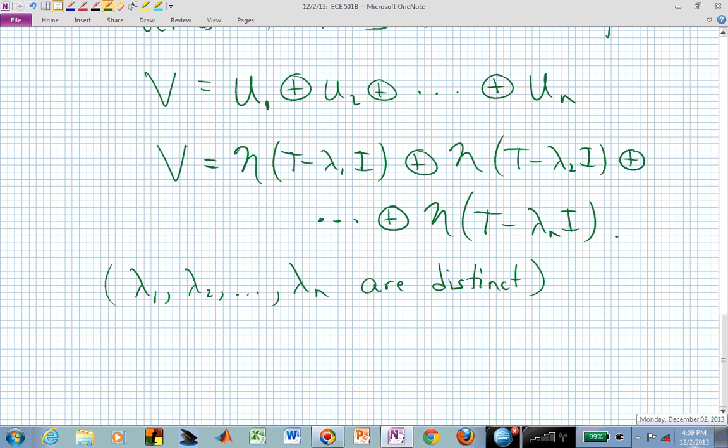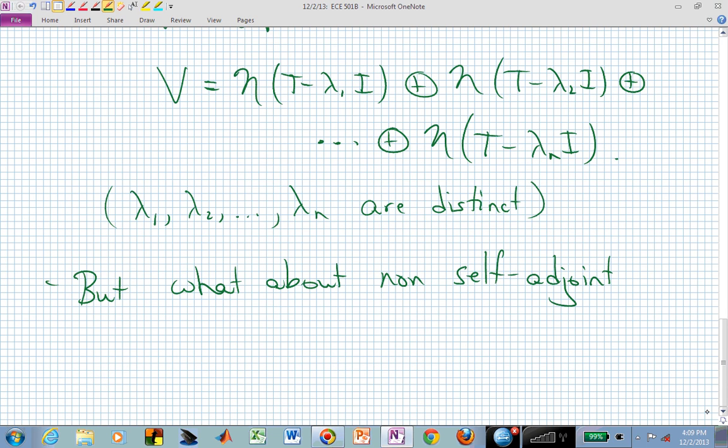Now, that's fairly specific. Most of the time we don't necessarily have distinct eigenvalues, and so what happens in that case? So let's look at that case. But what about non-self-adjoint, or in the complex setting, non-normal operators?